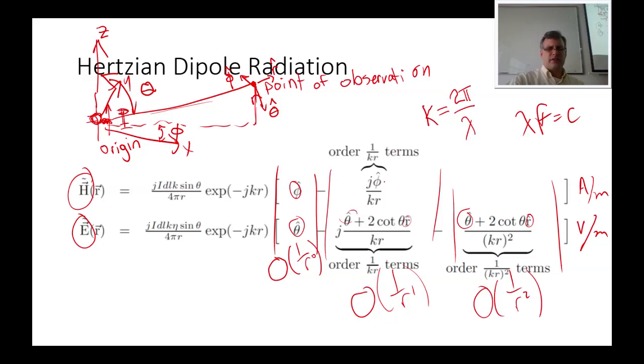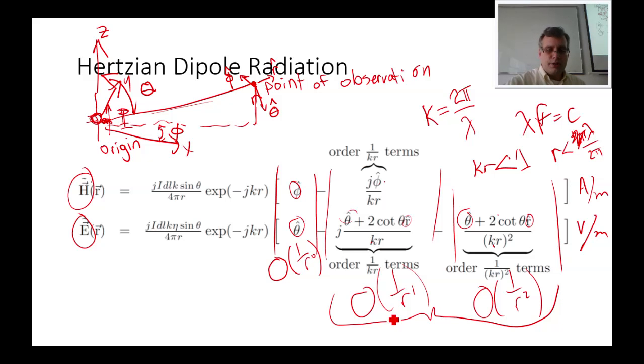If Kr is less than 1, particularly when it's much less than 1, that is when r is much less than lambda over 2 pi, then these 1 over Kr terms are going to dominate. And this field solution in here, when this starts to dominate, we call this the quasi-static solution.